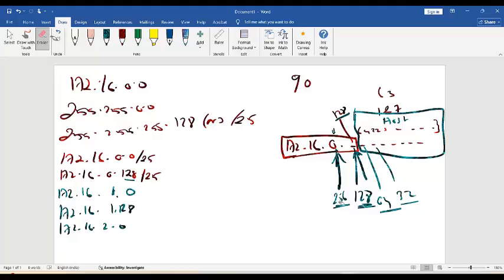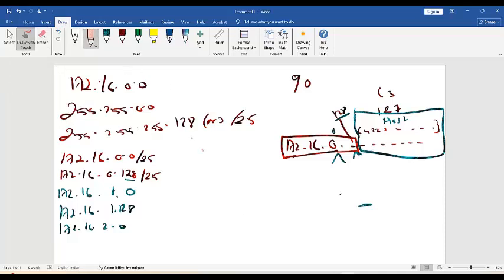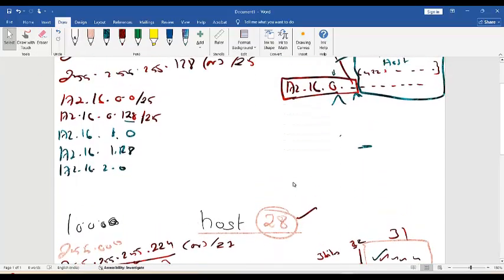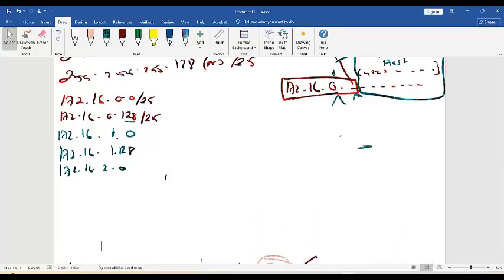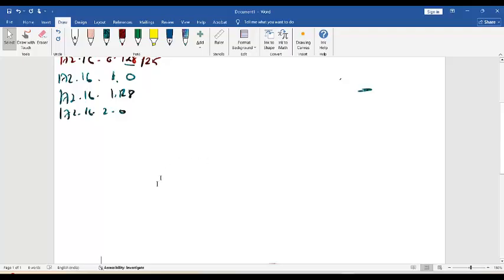Now let us write the last four. Last 4 will be 172.16.